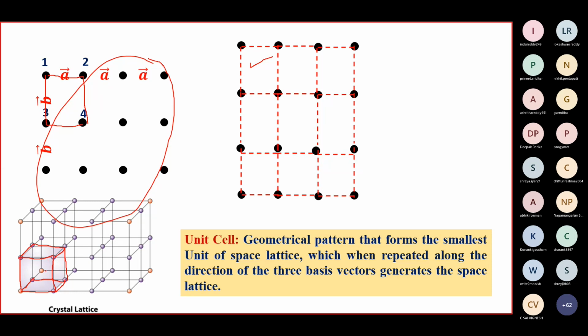So this is the unit cell. You take this unit cell and extend it along the basis vectors A, B, and C. You get a 3-dimensional lattice or space lattice. Okay. So you understood the importance of the unit cell, I hope.